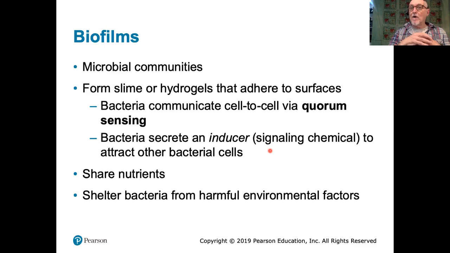These things are often a mixture of substances, often complex polysaccharides of one sort or another, which provide an adherence capability, so they can stick to surfaces and they can stick to one another. And that is indeed what they do.